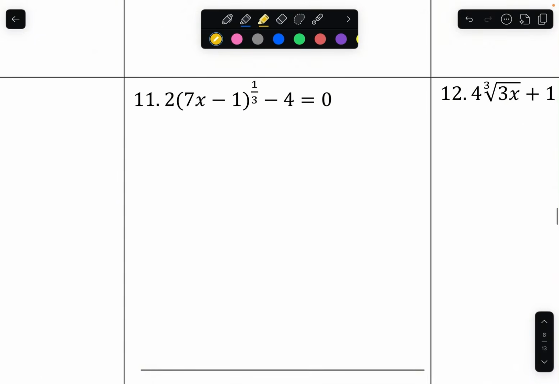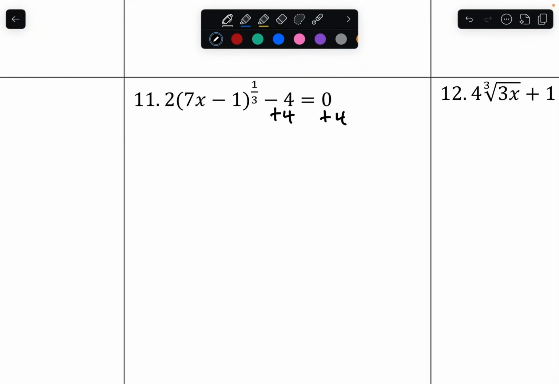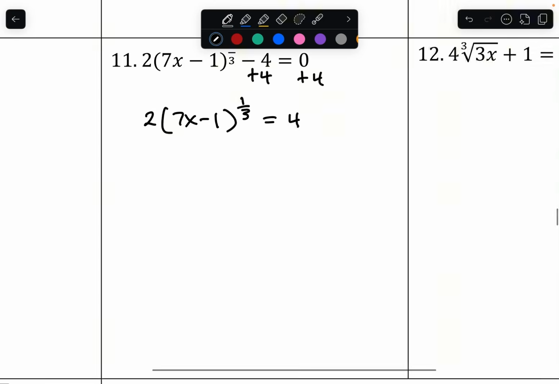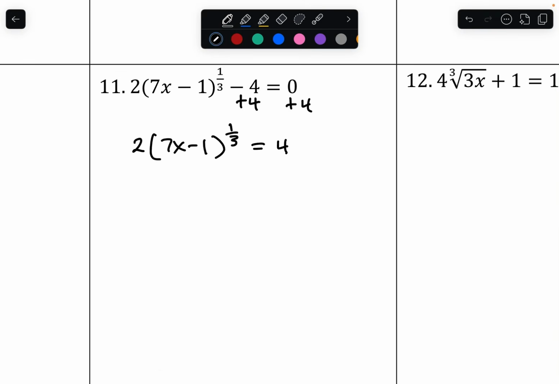Okay, here we're not ready to do the inverse operation until we isolate our cube root. Okay, so first step, add your 4. And then be careful, you see this 2 in front of the parentheses. It's tempting to kind of distribute that, but remember that parentheses, that's your cube root. Okay, and so if you need to write it as a cube root, as a radical notation, so you don't accidentally distribute the 2, do that.